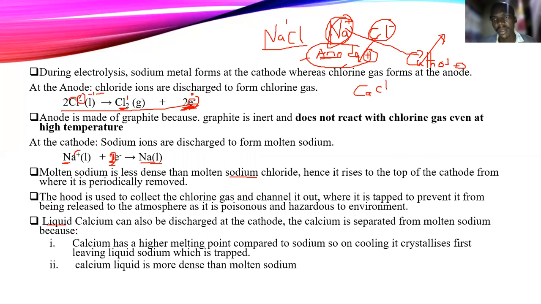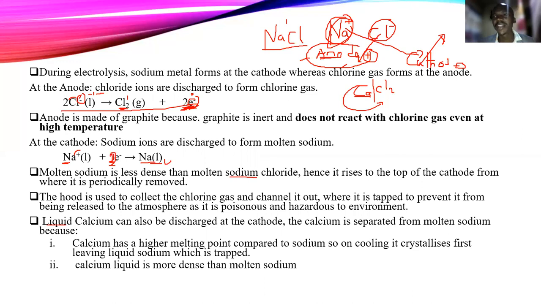Because you know very well, if you check calcium chloride, this calcium chloride also has two ions here. We have this calcium ion, which will also be discharged at the cathode.